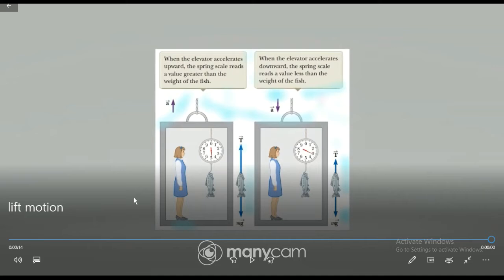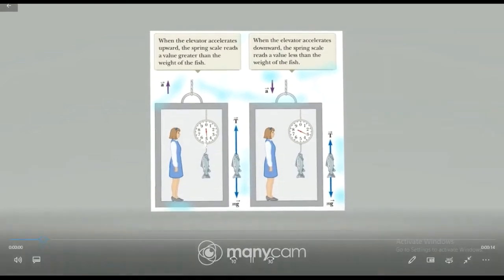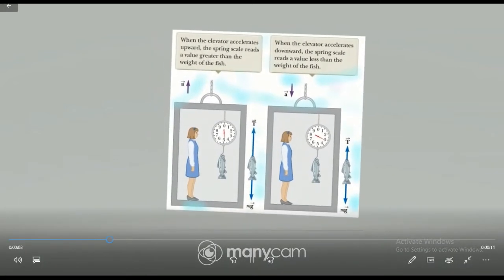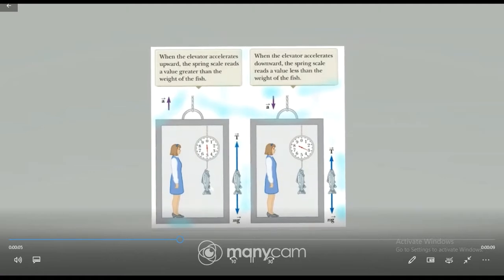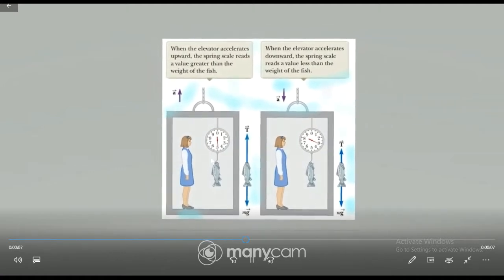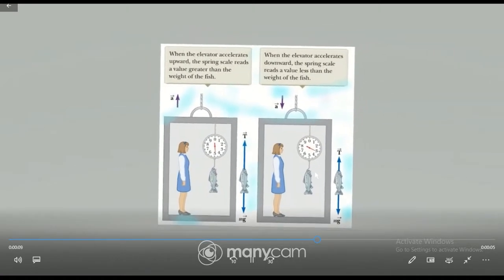Is it less than or greater than? For example, if the weight of the fish is 5 kilograms on the floor, what will be the reading of the spring balance when the fish is moving up and when it's moving down?